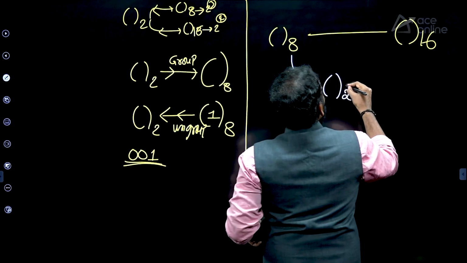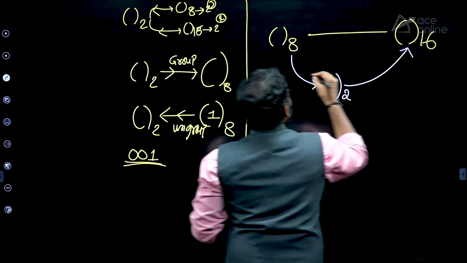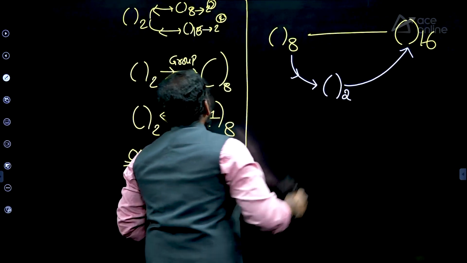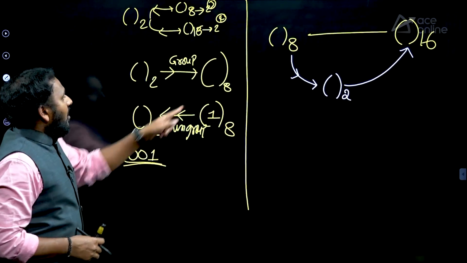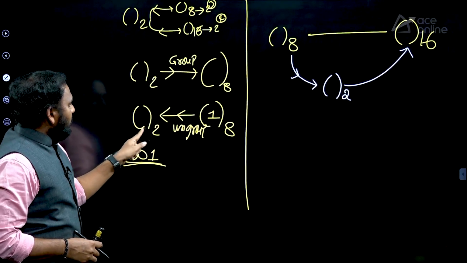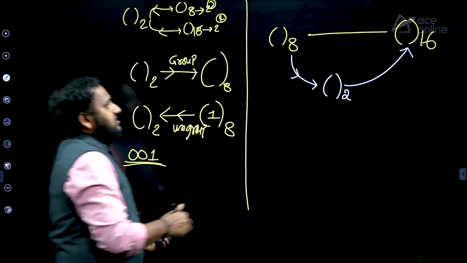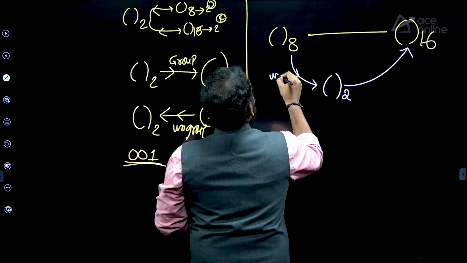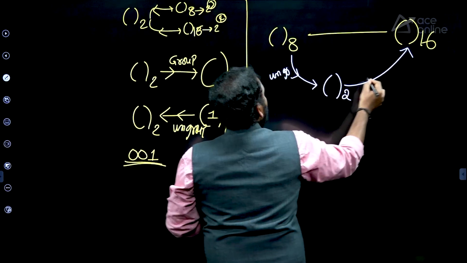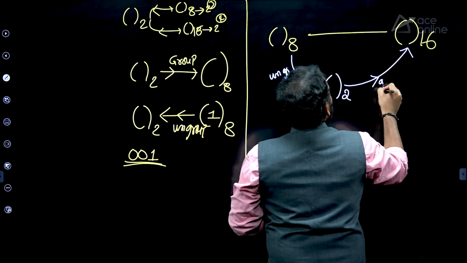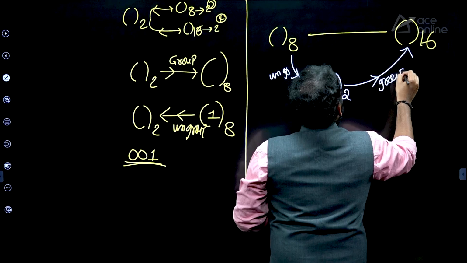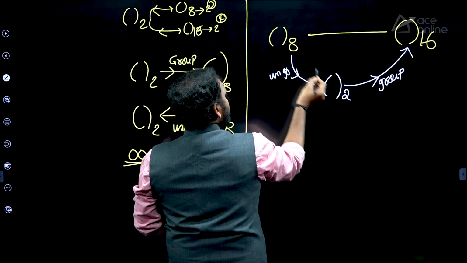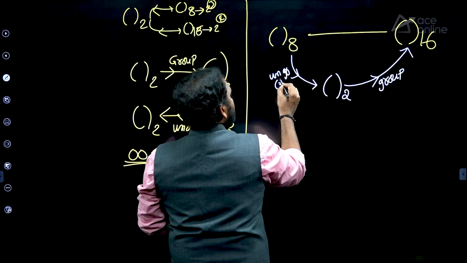Octal to binary is ungrouping, but binary to octal is grouping. Ungrouping means every digit is ungrouped into 3 digits.